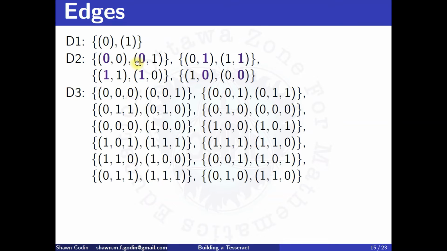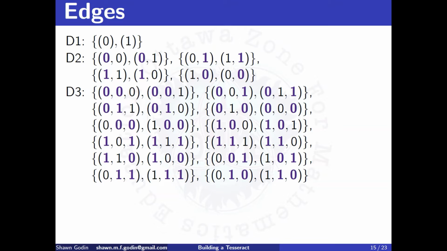Well, if I fix this coordinate as 0, notice my other coordinate goes 0, 1. If I fix this coordinate at 1, it goes 0, 1, and same thing for the others. If I go to 3 dimensions, now I'm fixing 2 of the coordinates, and the other one's going through 0, 1, 0, 1, 0, 1. So let's try to count with that in mind.